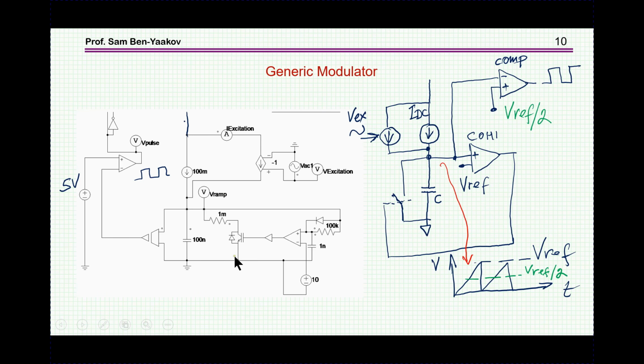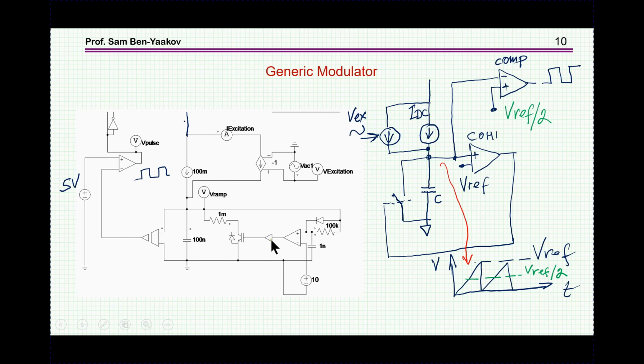This is now the switch to discharge the capacitor whenever it reaches this reference value, which is in this case 10 volts. This is just to prevent a lock of this circuit, like hysteresis. So whenever it kicks, there's some delay, so let it reset.